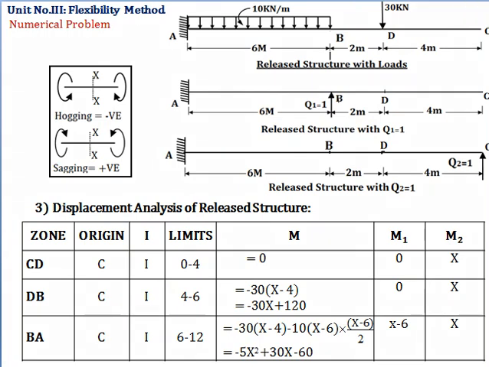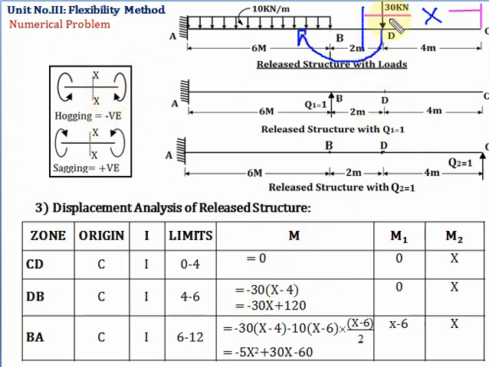The next zone is DB. We'll measure X, which is measured from C. Now here in the portion CD there is no load, so 0. Here due to this 30 kilonewton the nature of bending moment will be hogging, so minus.